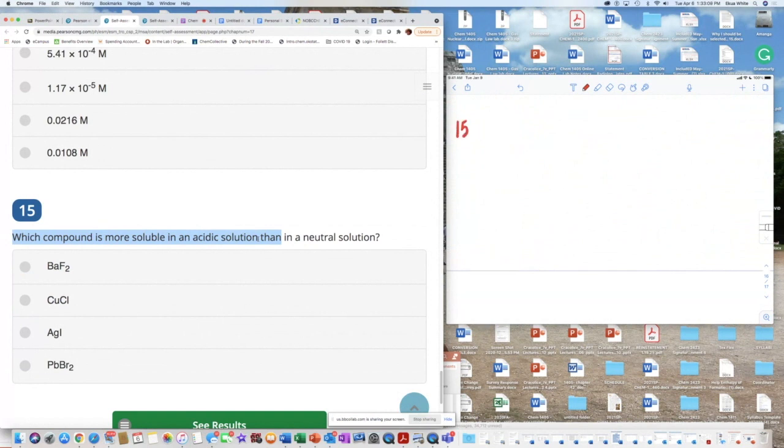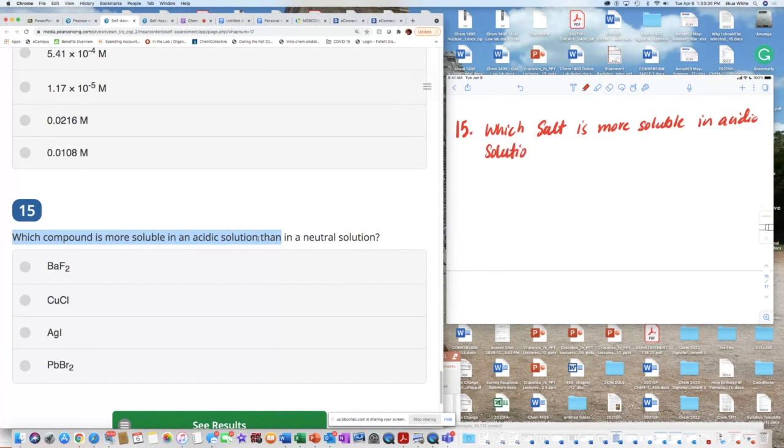Number 15. Which compound is more soluble in an acidic solution than a neutral solution? And if you notice, all of these compounds are salts, right? Which salt or compound is more soluble in acidic solution?